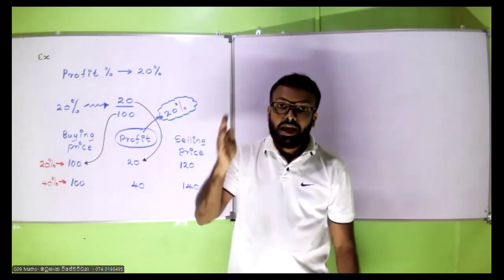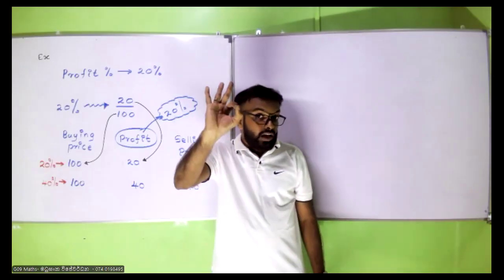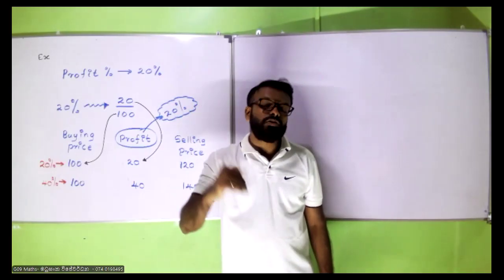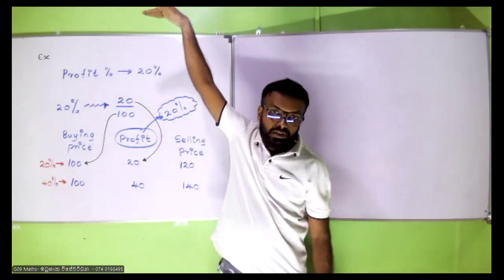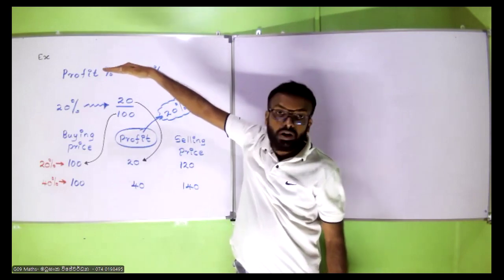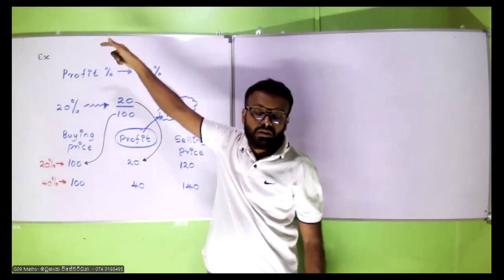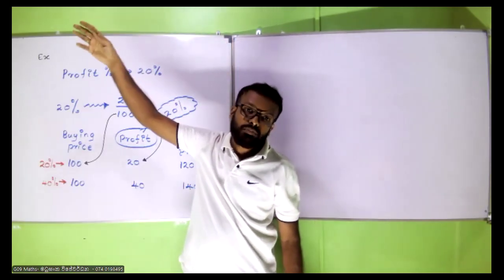Calculating profit and loss. Another two equations are there. First of all, we know how to find the profit. Then we know how to find the loss. Profit equals selling price minus buying price.